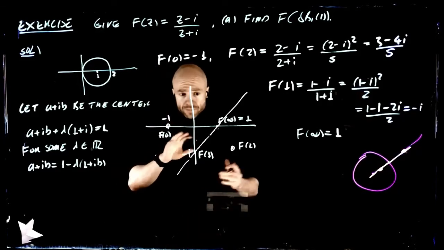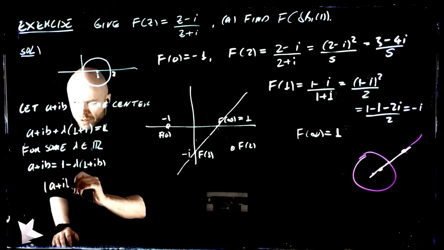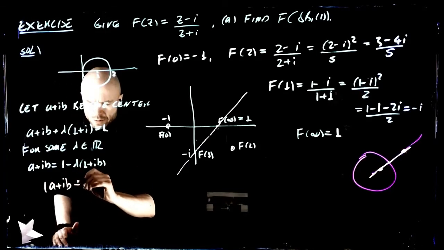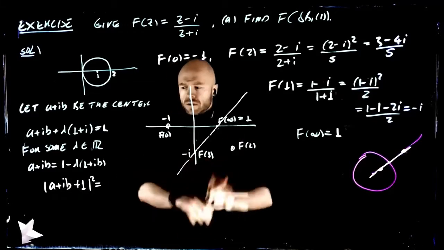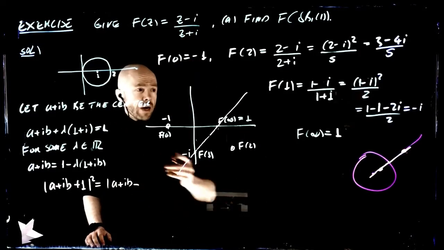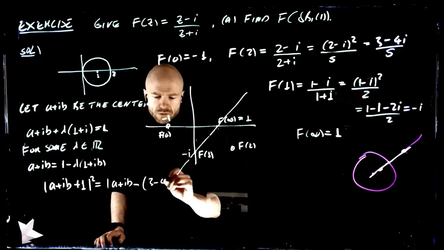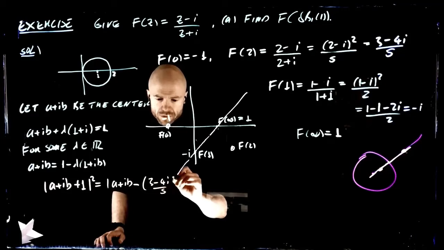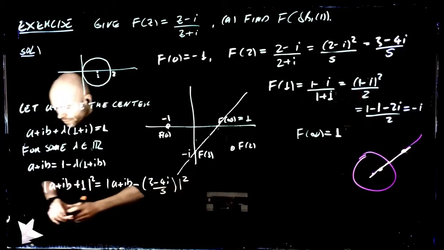All right, so we have to have that a plus ib minus minus 1, which is plus 1, squared, that's going to be the radius of the circle, is going to be the same as when we do a plus ib minus this guy, which has got coordinates like this, 3 minus 4i over 5, like this, right?